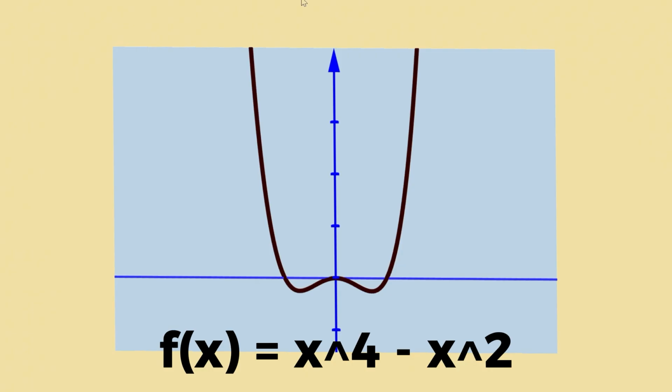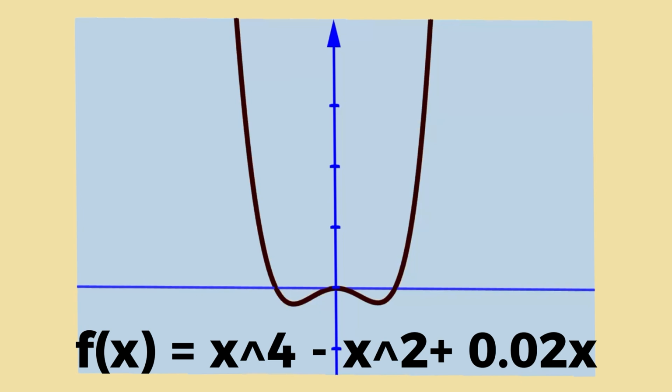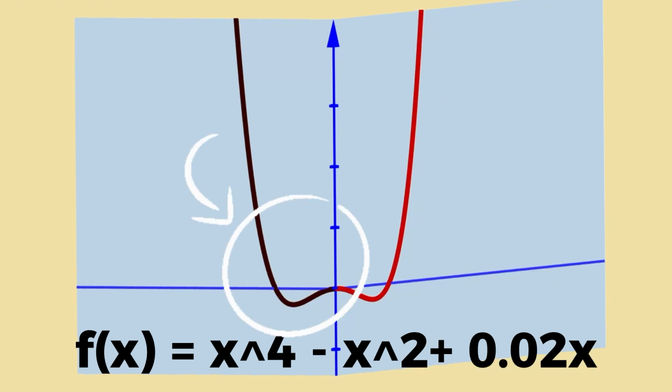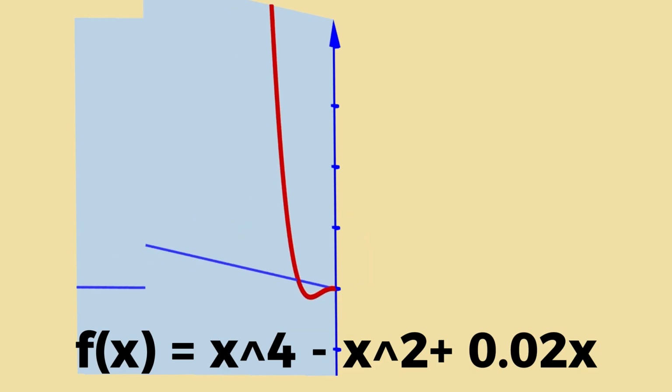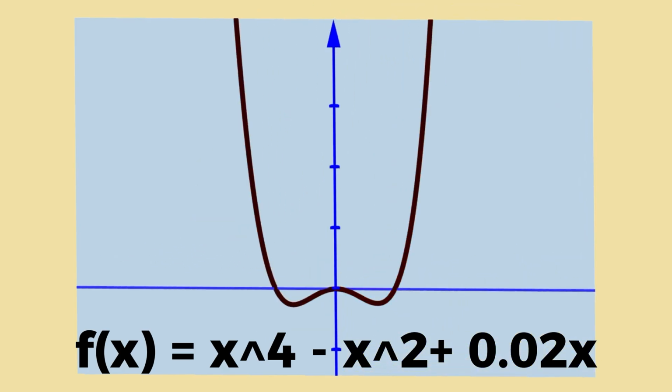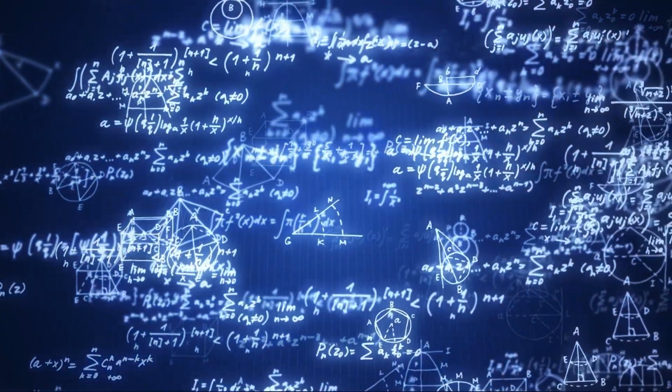But now, if we make a small change in the formula, for example, if we add 10x, you will see that the shape changes like this. It loses its symmetry about the y-axis. It is not symmetric about the origin either, so the answer is neither. This is because we now have both even and odd powers in the function.